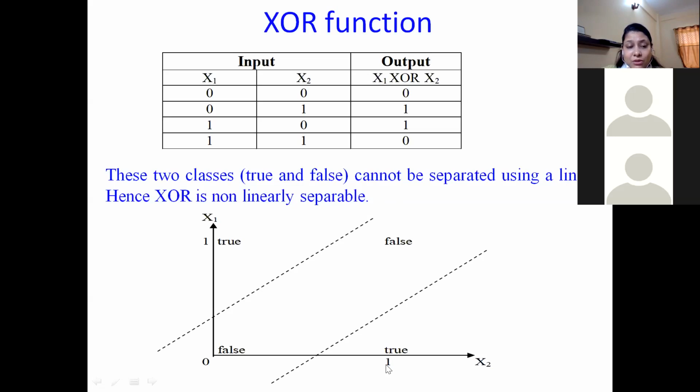Suppose this is a point where x1 has 0 value, but x2 has 1. So this is the 0-1 combination, which gives you a true value. And here x1 is holding 1, but x2 is holding 0. So it is a 1-0 combination for which you are getting a 1 or true value.